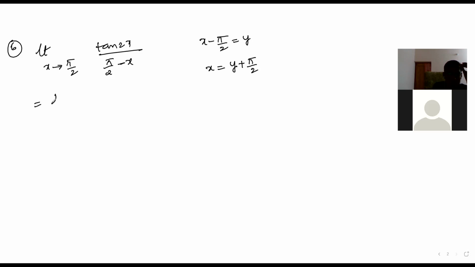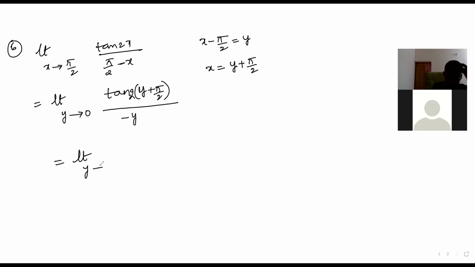So then this is going to be limit as x tends to pi by 2, x minus pi by 2 tends to 0. That is, y tends to 0. Tan of 2 into y plus pi by 2. Here, x is y plus pi by 2, and the denominator, this is minus y, no? Yes, sir, minus y.